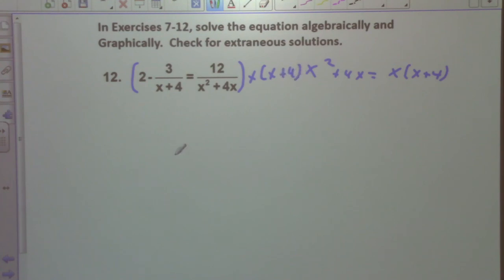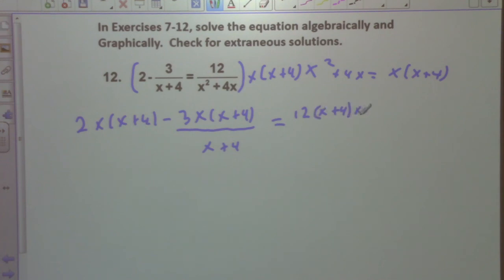I got 2x times x plus 4 minus 3 times x plus 4 over x plus 4 equals 12 times x plus 4 over x squared plus 4x.